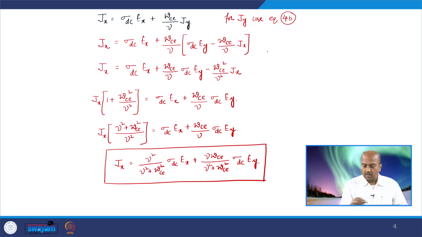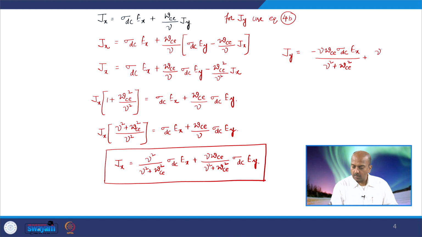If I do that, similar algebra will lead me to jy is equal to minus nu omega ce times sigma dc into Ex divided by nu square plus omega ce square, plus nu square by nu square plus omega ce square sigma dc Ey, which is actually a similar looking expression if you compare.